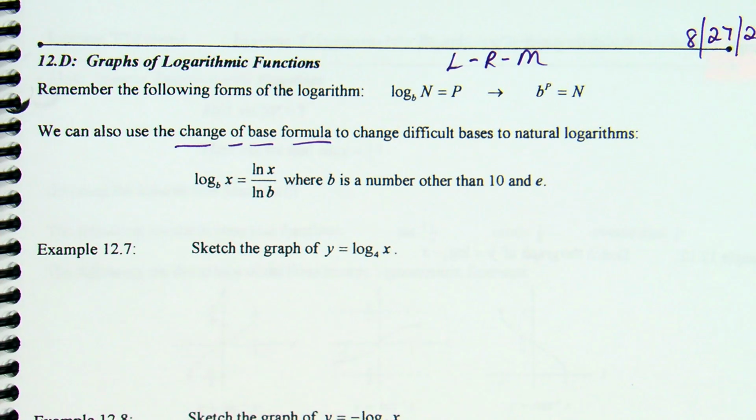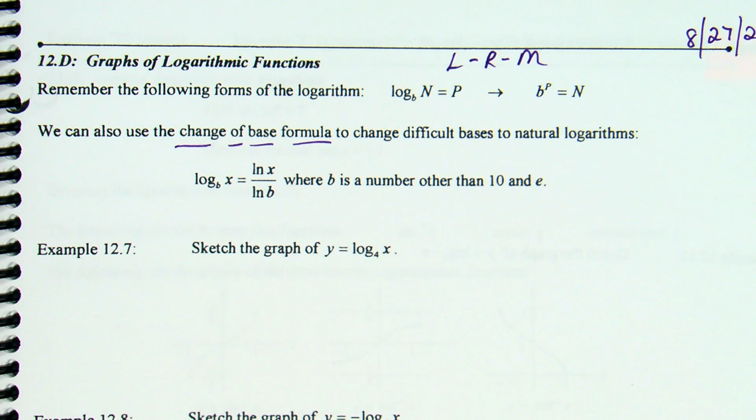Okay, so we're going to sketch the graph of some log functions. Do you remember what a log function graph looks like? Do you remember what an exponent function looks like? That's your exponent, right? Like, this is like y equals e to the x.